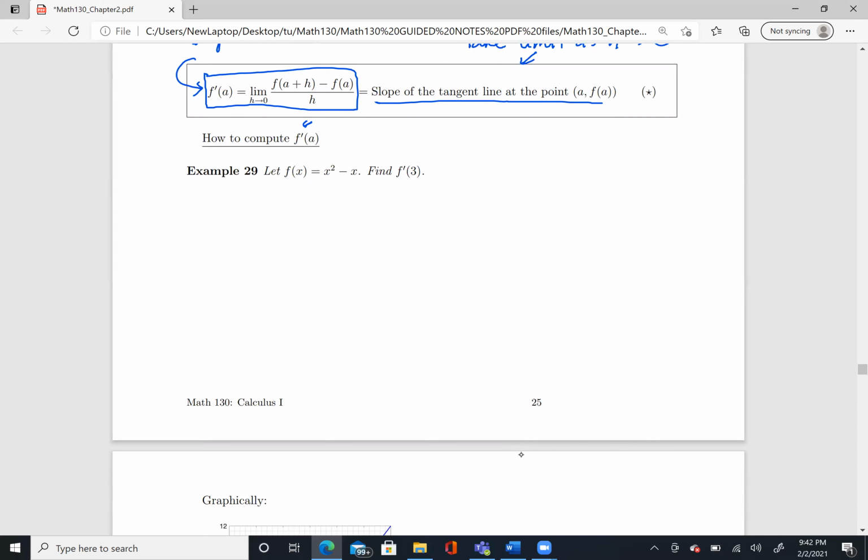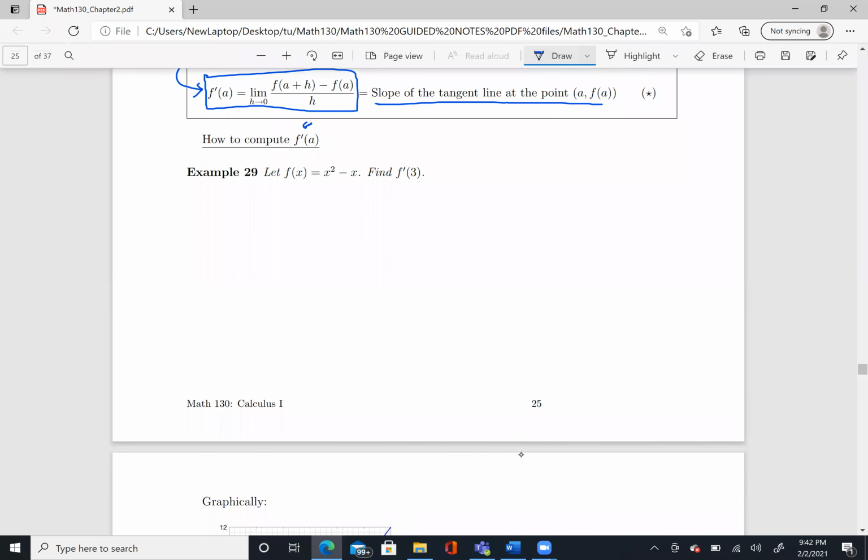Keep in mind that we have the formula of the derivative here.